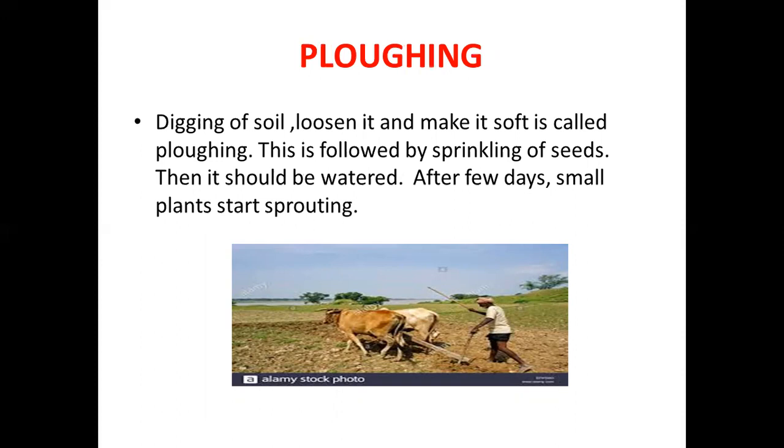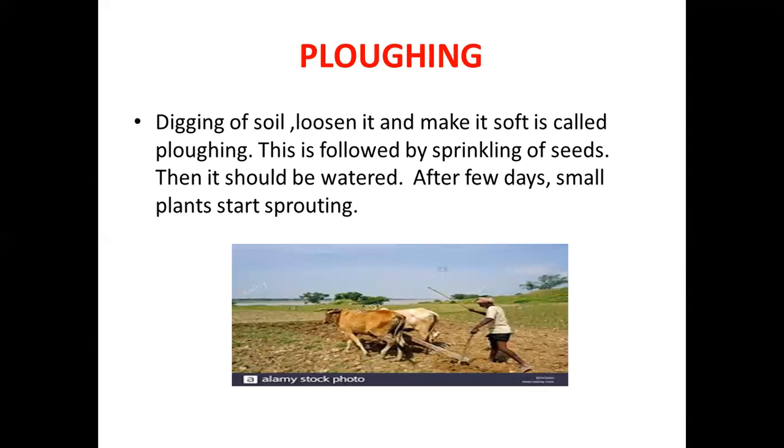Preparation is nothing but plowing the field. For this, they first dig the soil, loosen it and make it soft. This is called plowing. See, the farmer is plowing the field by using the oxen and plow, and he is digging the soil and loosening it.